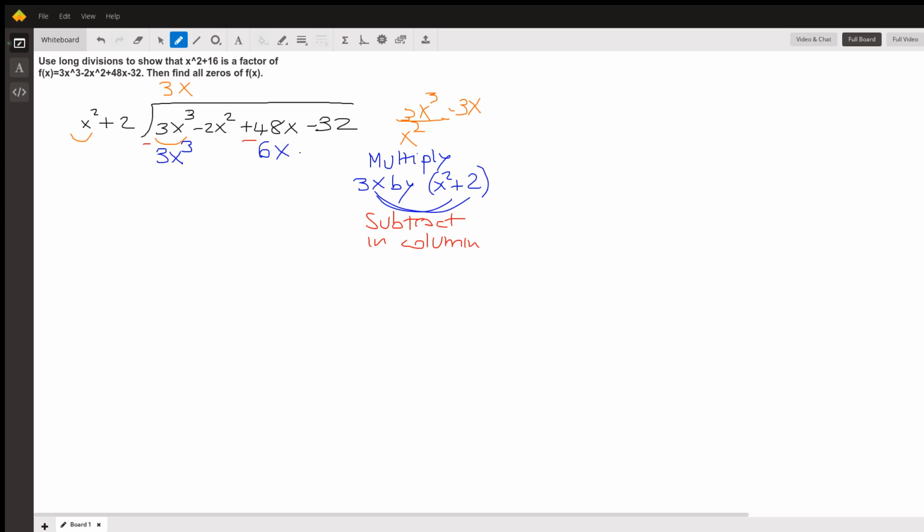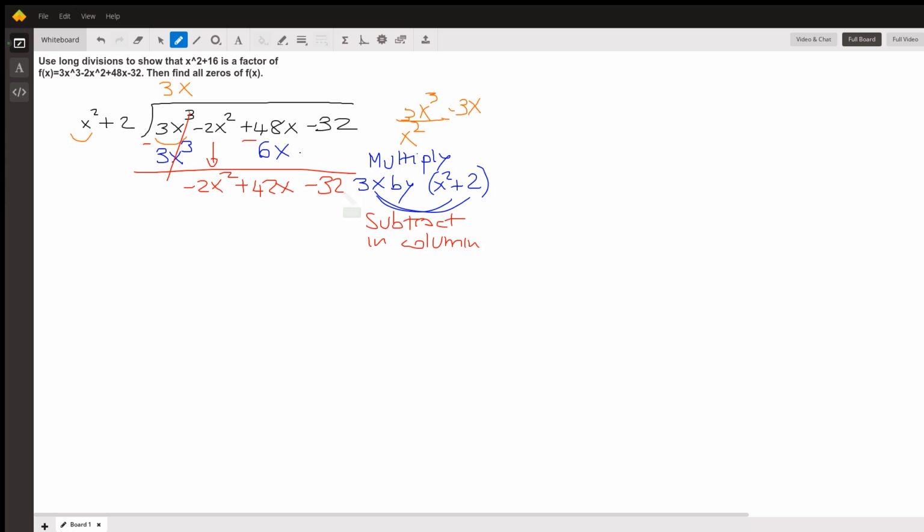Notice that if 6x were negative, 48 minus negative 6x would have made you change the sign, right? But anyway, so this cancels, which will always be the case if you did the problem correctly. You bring this down, and then 48 minus 6x will be 42x, and then bring the 32 down.